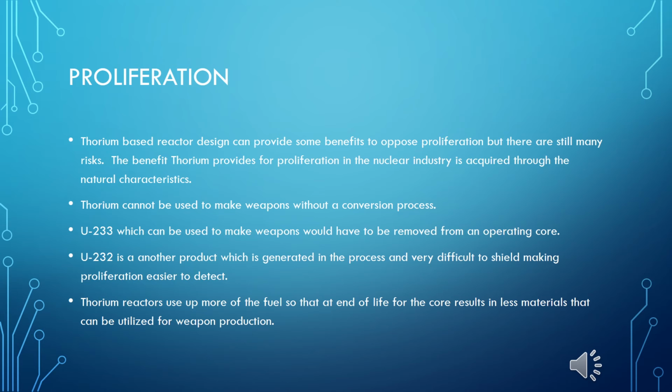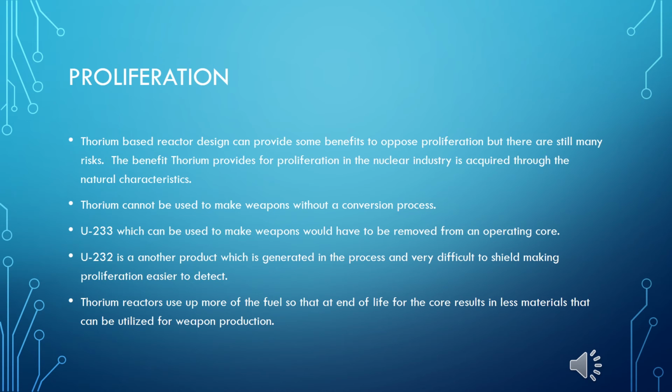Now, through the thorium energy process of the core, it does generate uranium-233, which can be used to make small yield weapons. However, because of the operation of the salt, it's kept at high temperature. They would have to remove this from the core in the liquid form, so they would have to handle it as a molten liquid at 400 to 700 degrees centigrade.